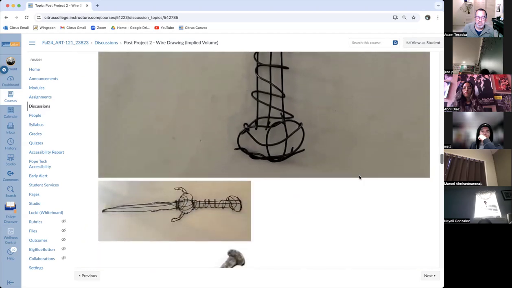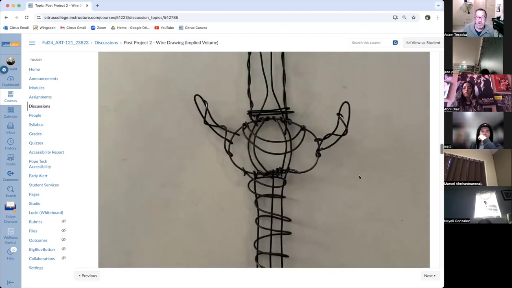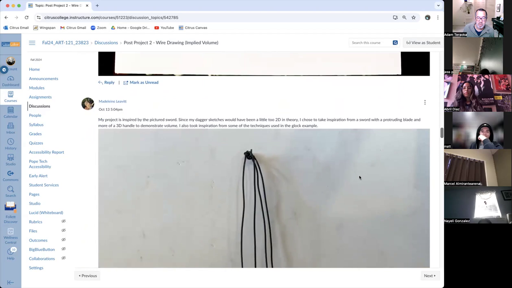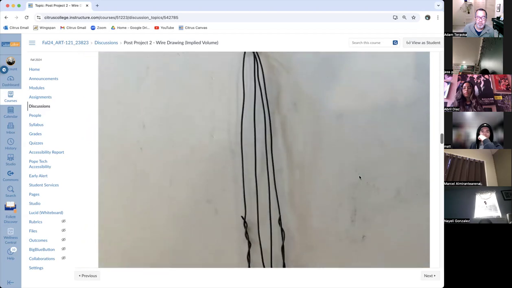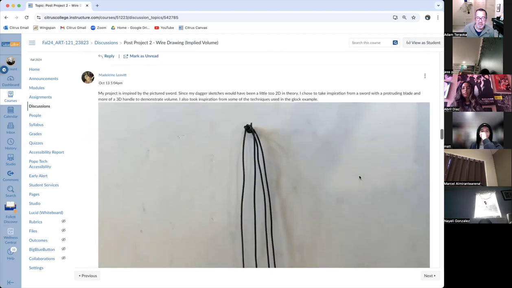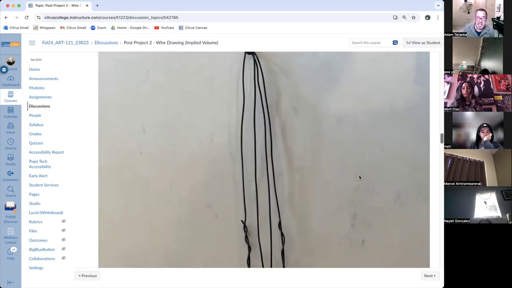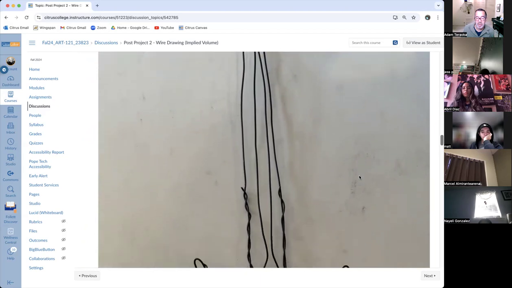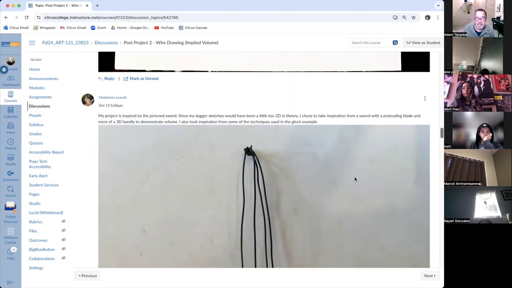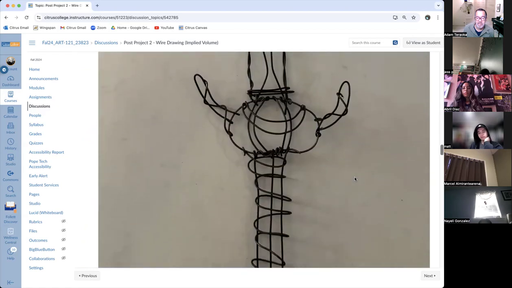All right, so the dagger, okay, this is a good job. Generally a dagger or a knife isn't the best topic because they're generally flat, and the handles themselves, unless you enlarge it like Madeline did here, don't offer a lot of volume.